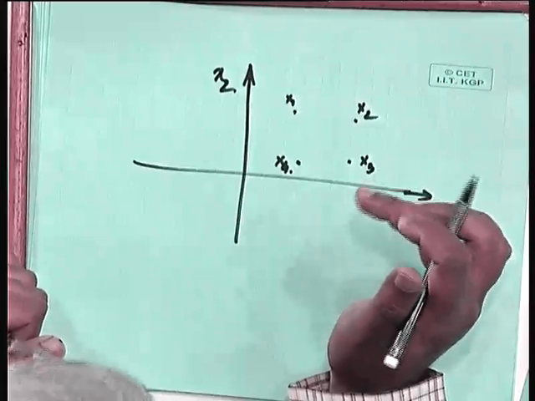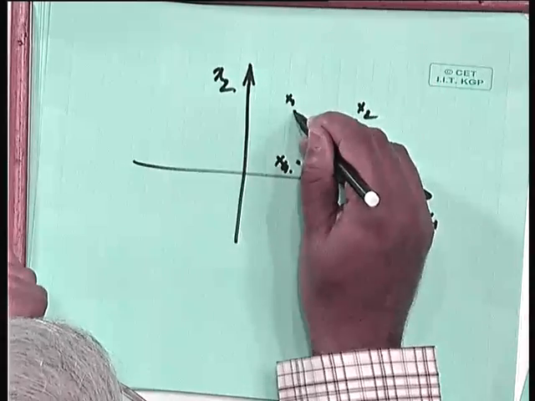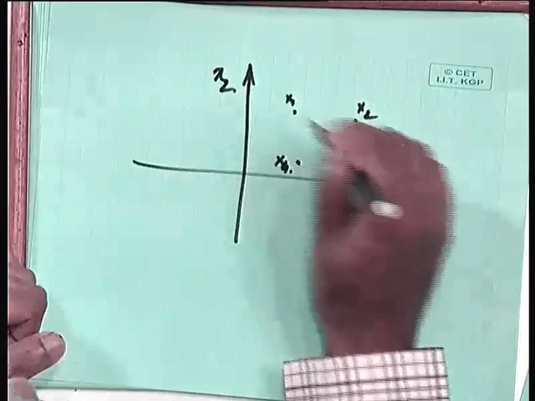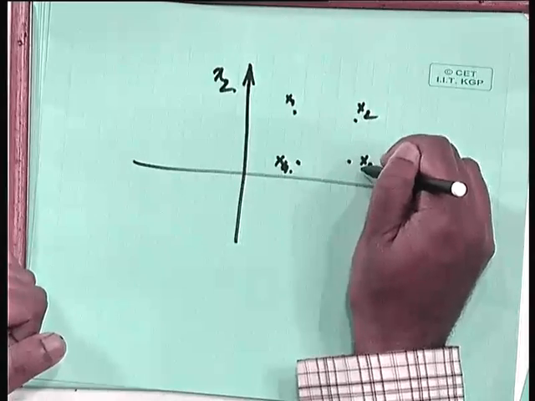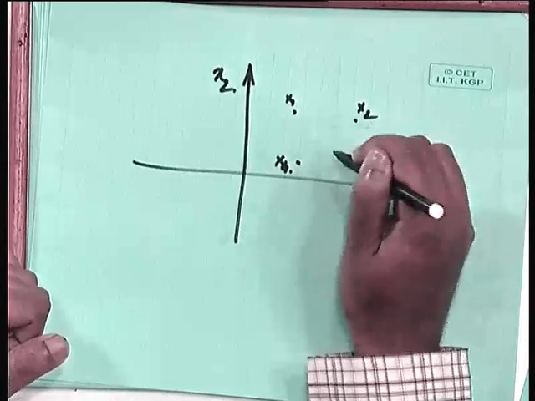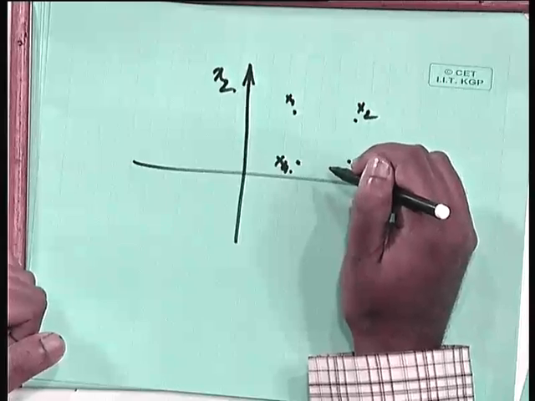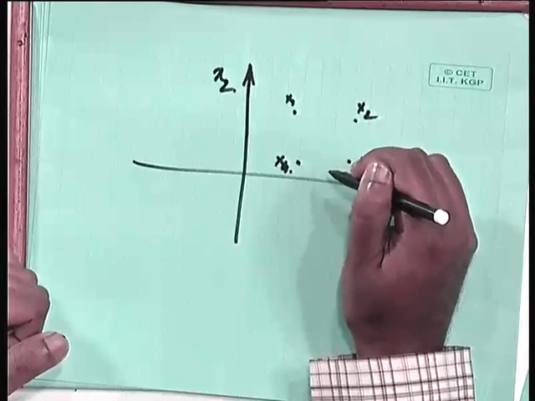If you say x1, x3 is one class of patterns and x2, x4 is another class, then you cannot imagine a straight line that can separate the +1 patterns from the -1 patterns.